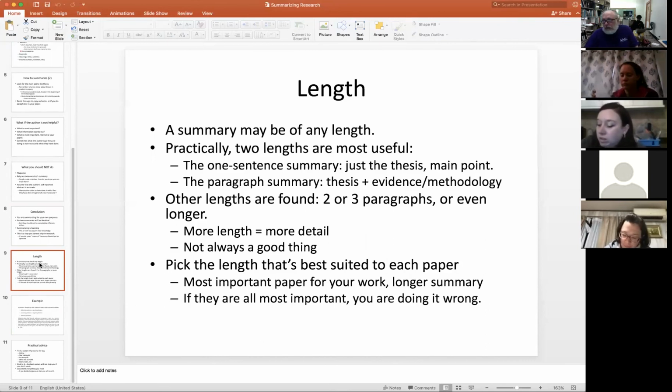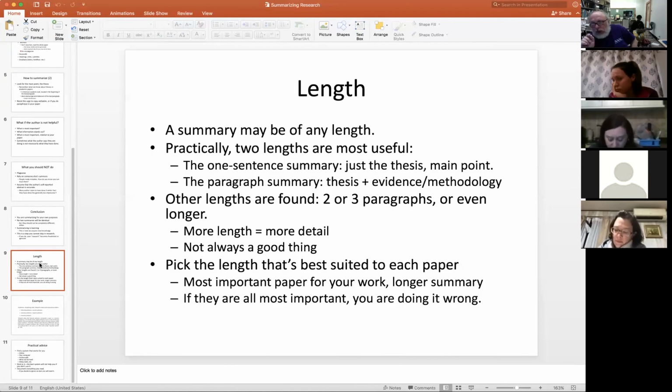So length. Basically, a summary can be any length, as long as it's shorter than the original. Okay. Now, however, there are 2 lengths that are usual, and they tend to be the most useful ones. Okay. One is the 1-sentence summary. That's what I just did with my students' research on oral corrective feedback.